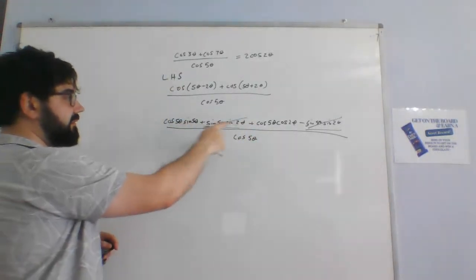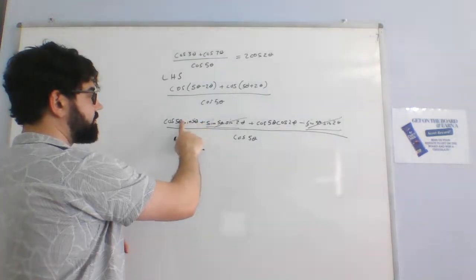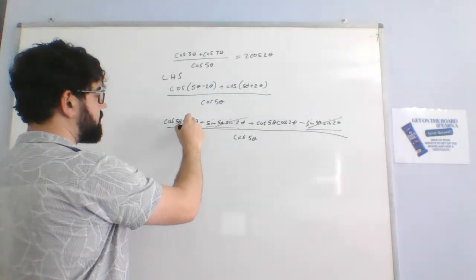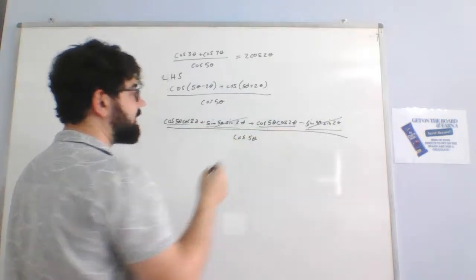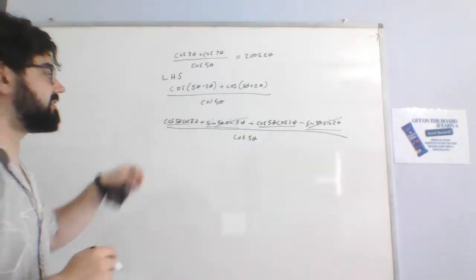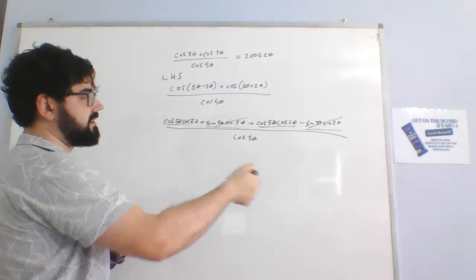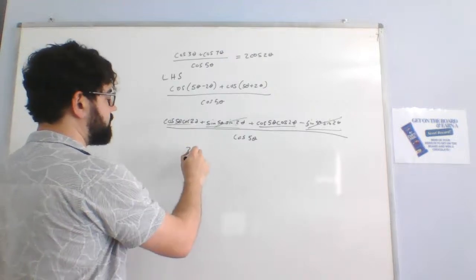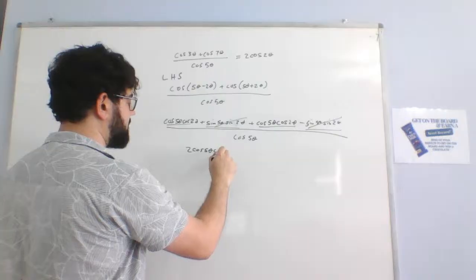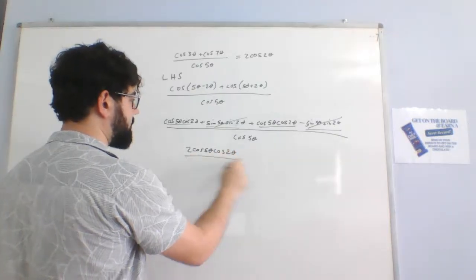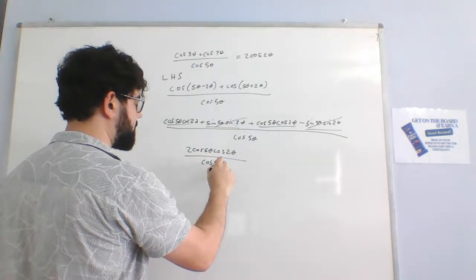Now, what we've got here is another pair of identical terms, but they are going to add up. Because they're both positive, it's like x plus x. We've got two of them: 2 cos of 5 theta cos of 2 theta over cos of 5 theta.